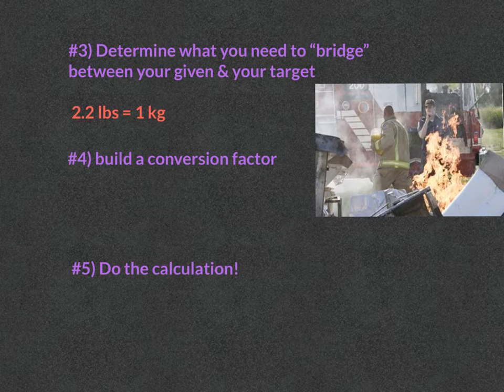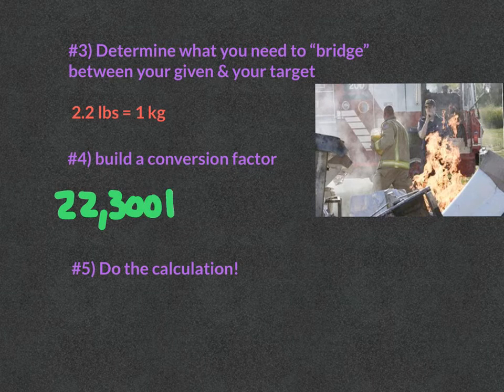We have to build a conversion factor. When we do this, we have to think about what we were given again. We were given 22,300 pounds. So we have to divide out the pounds, okay?